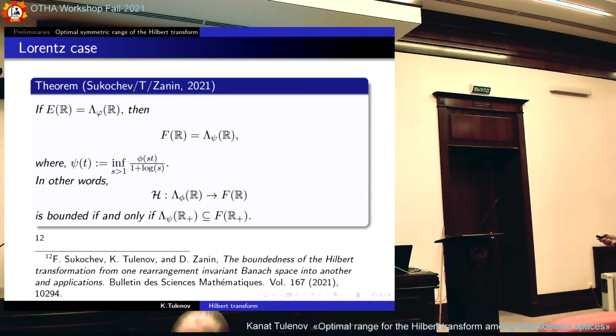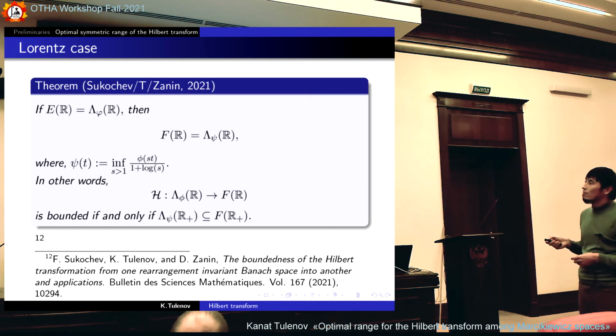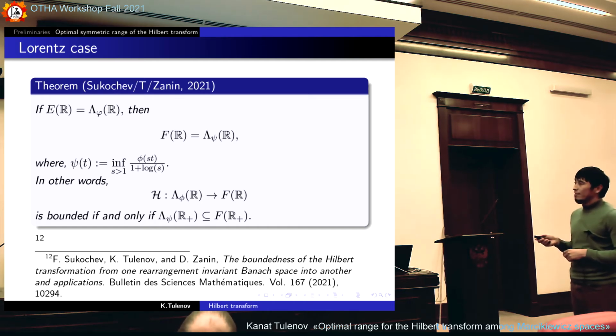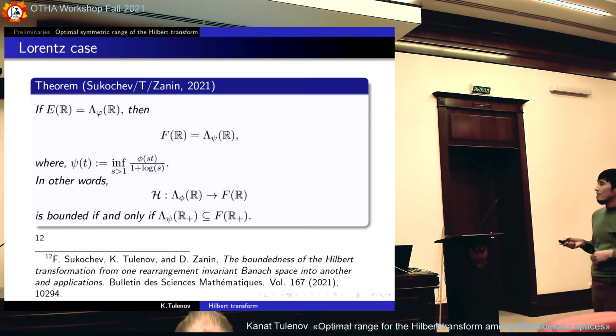Then we considered the case when E equals a Lorentz space: is there any Lorentz space equal to F? This result was investigated separately because its proof was difficult, so we published it in this paper recently.